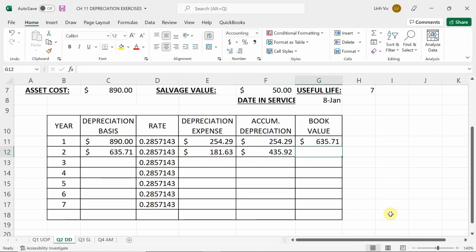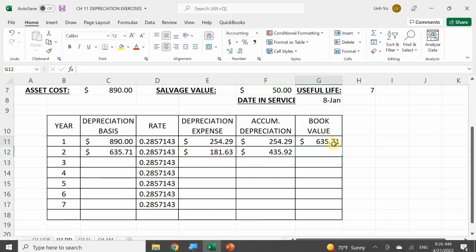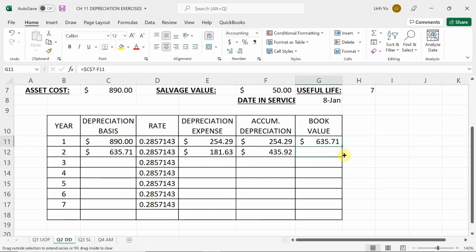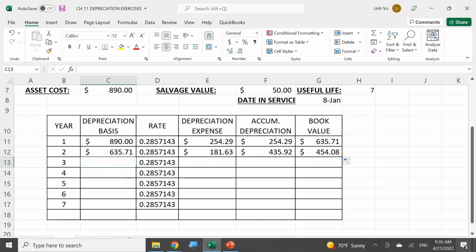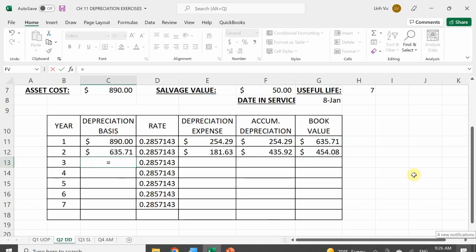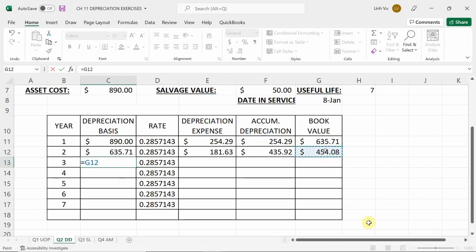So what's my book value? The book value is 454.09, which is going to be my depreciation basis for year 3. Okay. So what's my depreciation expense going to be for year 3?